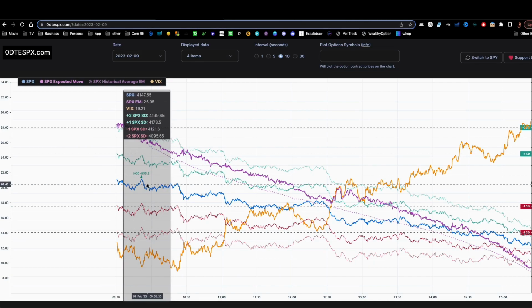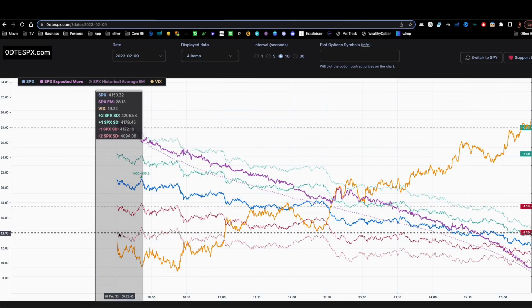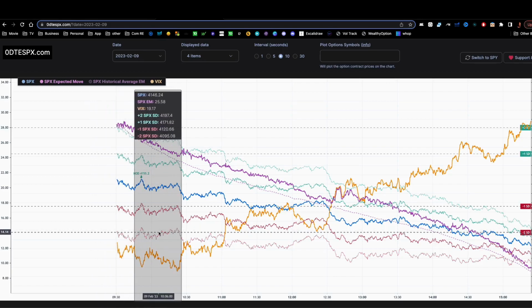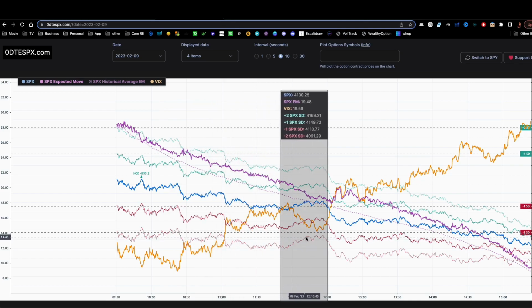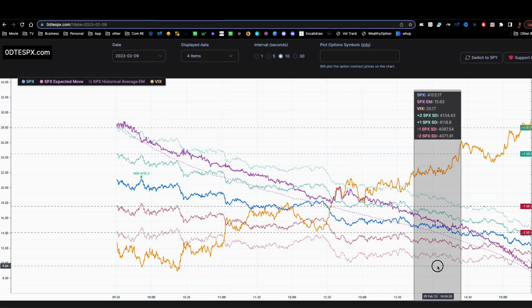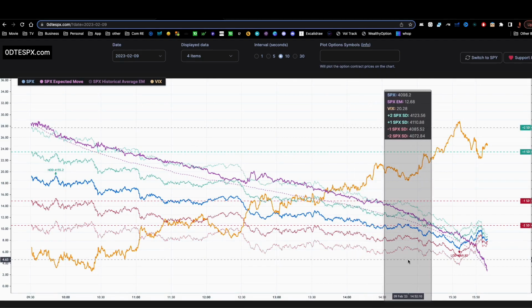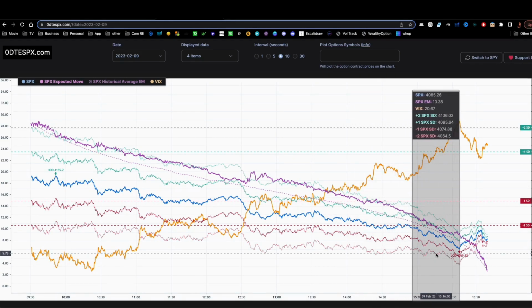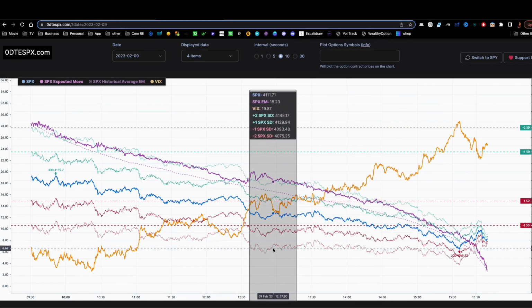I do not want the blue line to cross over this light red line at any point during the day. That's what I want, and usually that's what happens. That's why it's two standard deviations. That means the market has a 95% chance of not crossing this light red line at any point during the day.